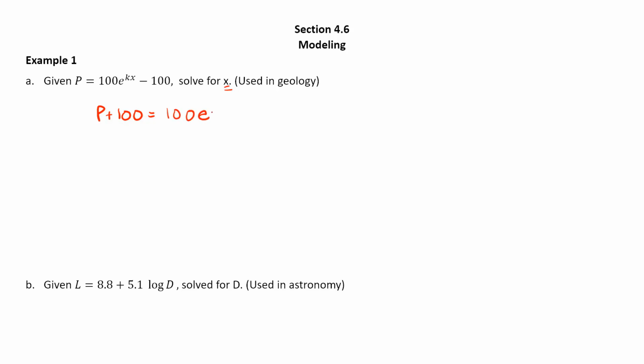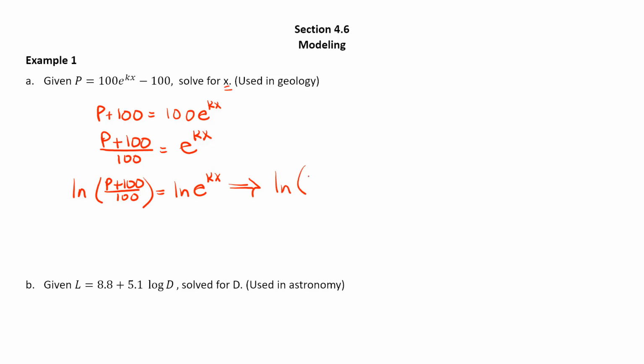So 100e to the kx, and then we'll divide both sides by 100. So P plus 100 over 100 equals e to the kx. And then to get x by itself, we're going to have to take the natural log on both sides. So natural log of P plus 100 over 100 equals the natural log of e to the kx.